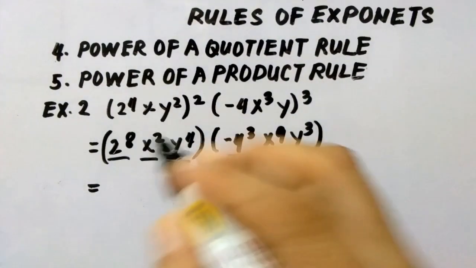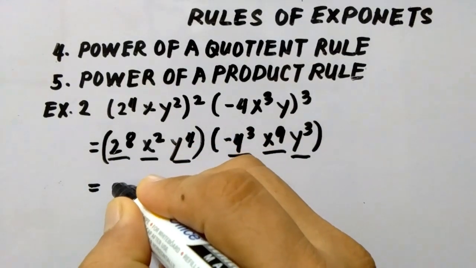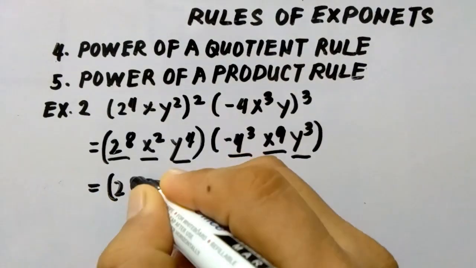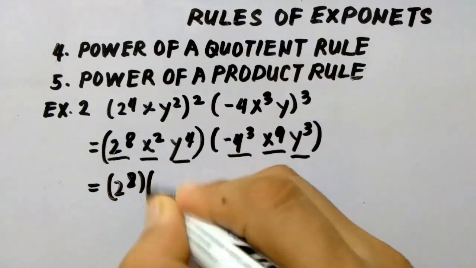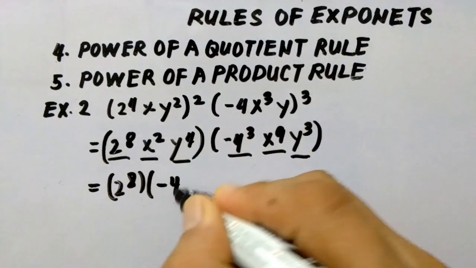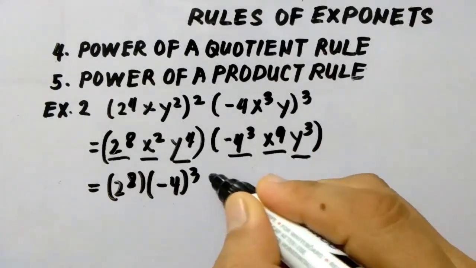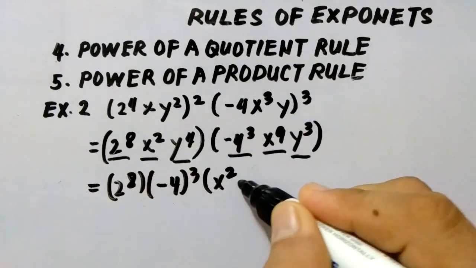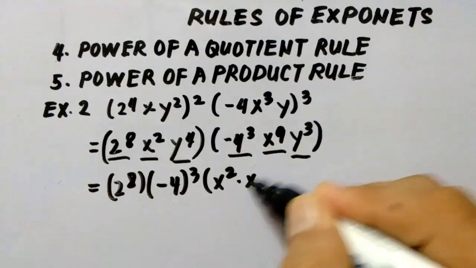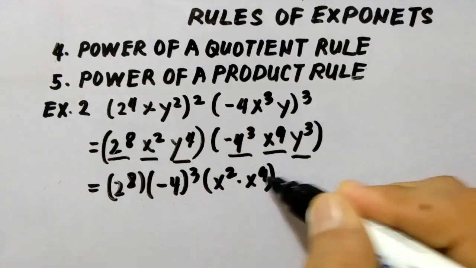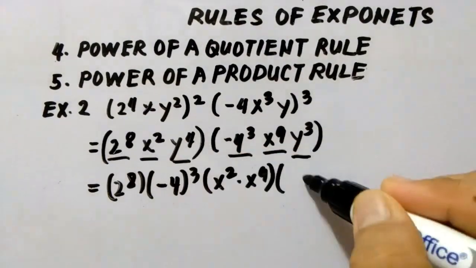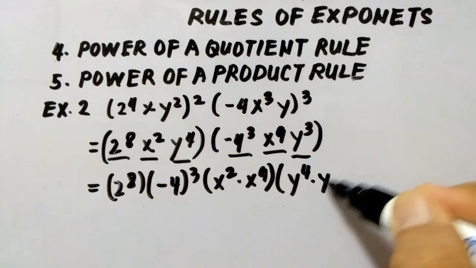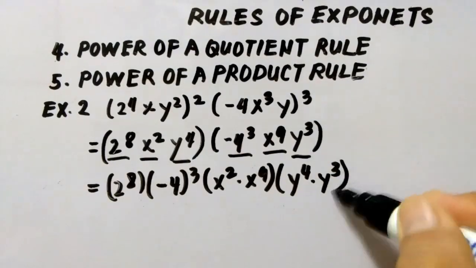Equals 2 to the 8 times negative 4 to the 3rd power. Quantity 2 to the 8 times the quantity negative 4 to the 3rd power. Then, times the quantity x squared times x to the 9 times the quantity y to the 4th times y cubed.